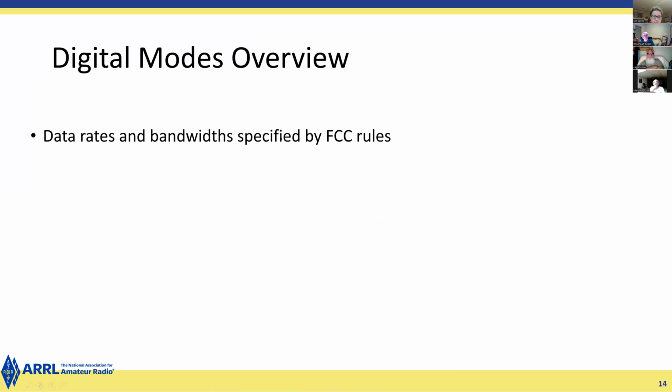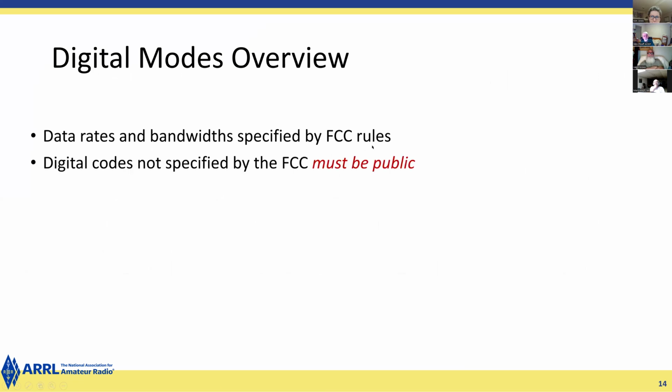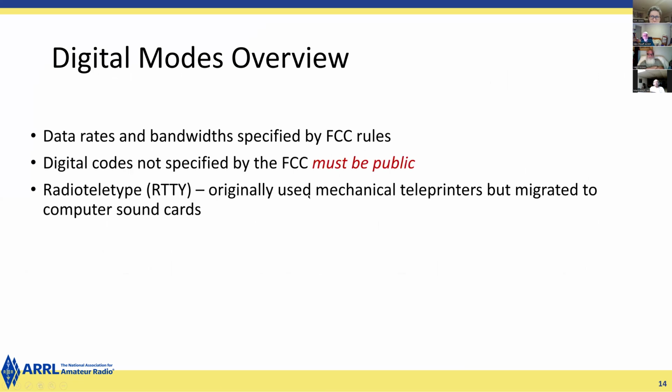Data rates and bandwidths are specified by the FCC rules. The FCC rules and regulations talk about some specific modes, in particular radio teletype, but radio hams can use any digital mode as long as the details are published.